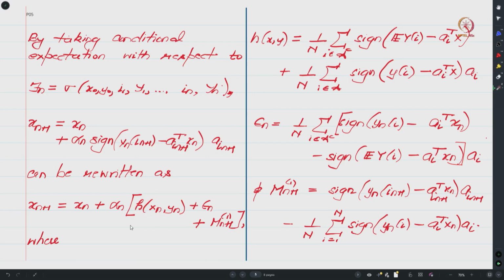So again I would like to highlight that the effect of adversaries in some sense is captured over here, and let us try to ponder over it for a few seconds. Observe that this is the quantity that the adversary can provide, but since this quantity is sitting inside the sign expression, what the adversary at worst can do is flip the sign of this expression.